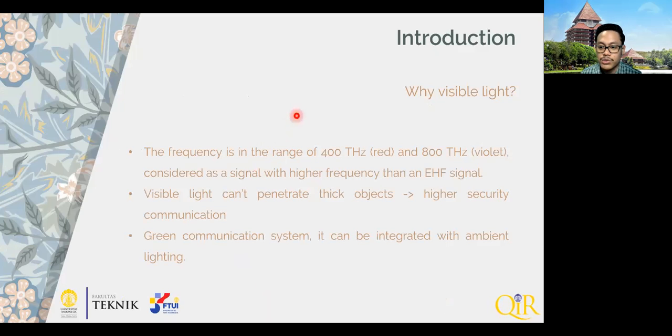In addition, because the frequency is so high, visible light cannot penetrate thick objects, so it has higher security communication for indoor usage. The visible light communication system is also environmentally friendly, because in terms of energy consumption, it can be integrated with the ambient lighting system.